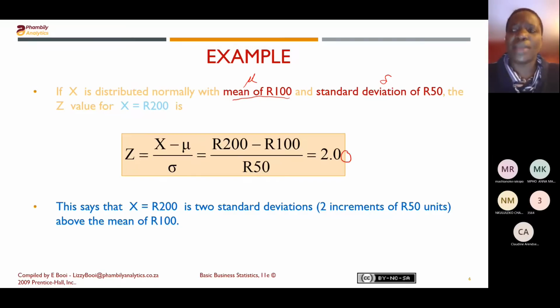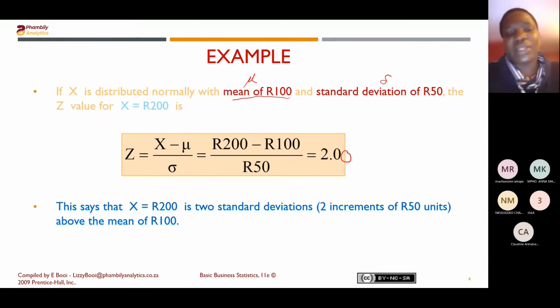The reason we leave the Z value in 2 decimals is that if we have to find the probability or the area underneath the curve that corresponds to this X observation, then we will need a 2 decimal value, because the table has 2 decimals.